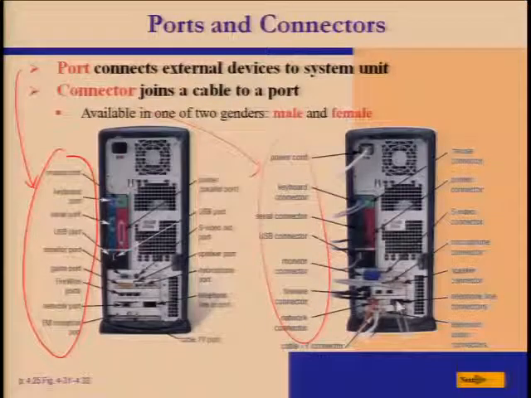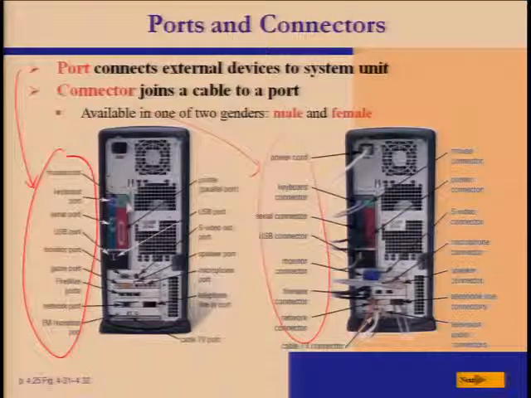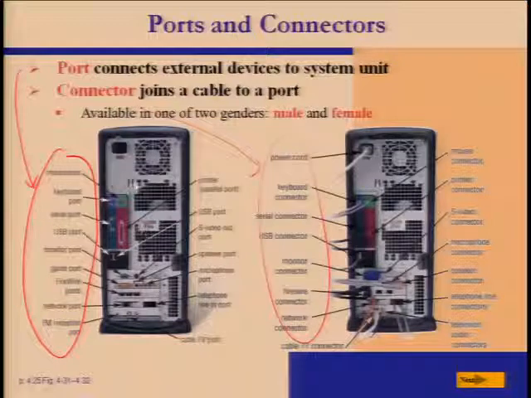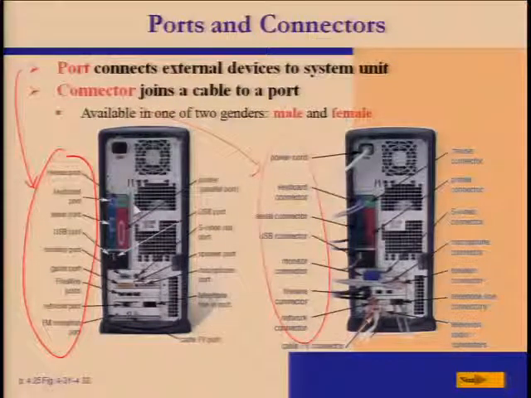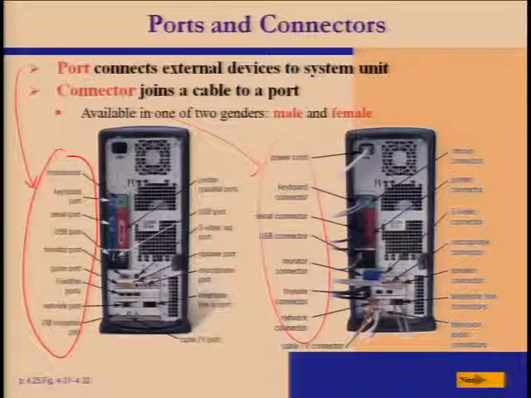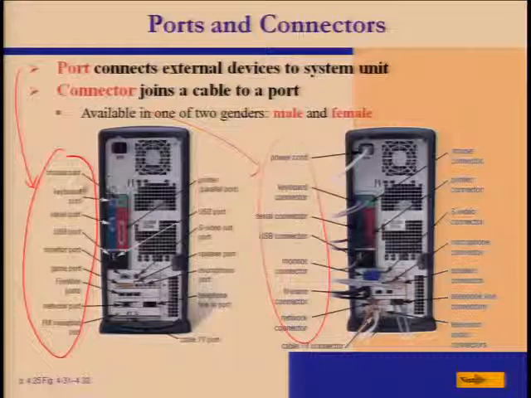Right, if we want to take a close look here, we show two diagrams. Both are the back panel of the system unit, a desktop computer system unit, right? So if you have one at home, most likely you see something like this. There are tons of so-called ports showing at the back panel, right? Over here, I think the names are all there. Maybe we just see a few here.